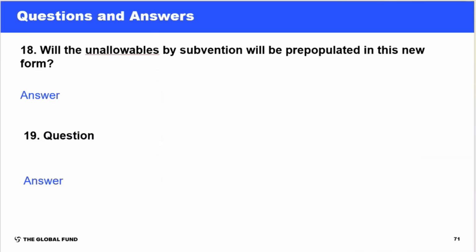I'm not sure I understand it. Question 18, unallowables mean the ineligibles or the non-compliant? Could we clarify question 18, please? Yeah, it looks like Elaine said, yes, ineligibles, in the chat.